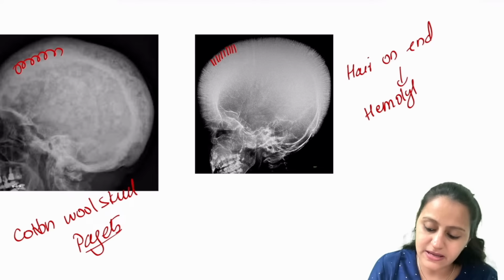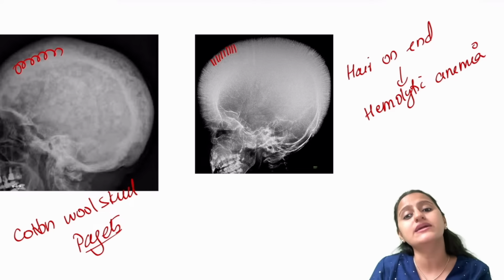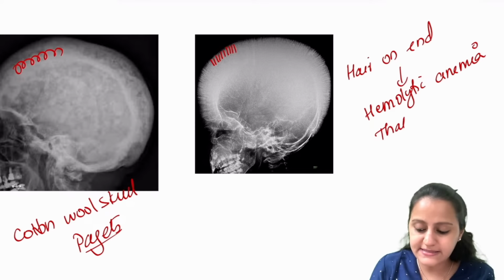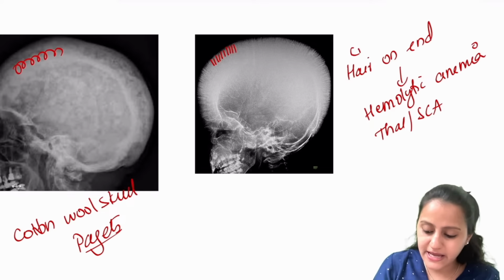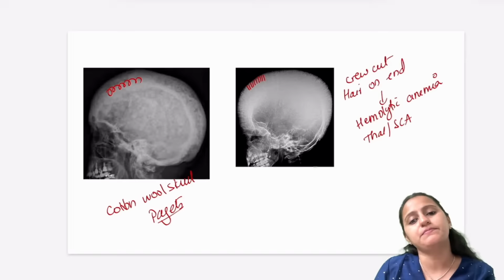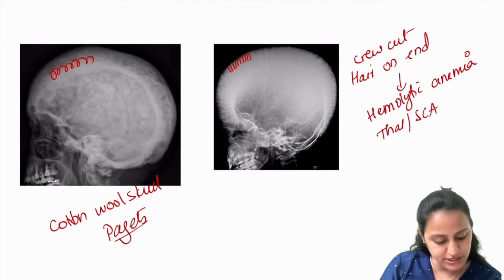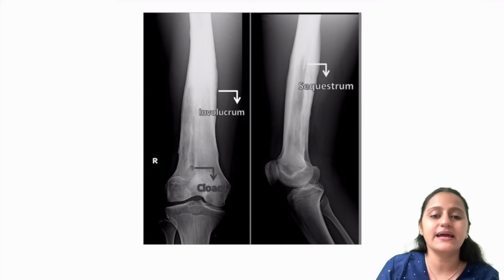Hemolytic anemia, like thalassemia, like sickle cell anemia. So Paget's: cotton wool; hair on end: hemolytic anemia.